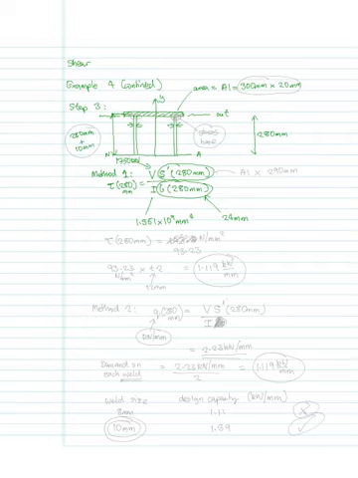Let me check. Alright, it's just 280 plus 10, so 290 millimeters. So S dash is A1 multiplied by the distance from the neutral axis to the centroid of A1, which is 290 millimeters.